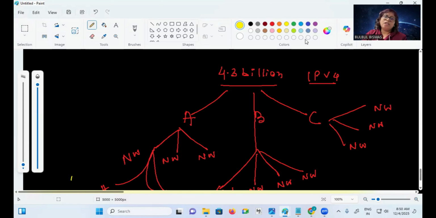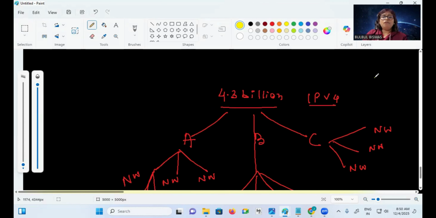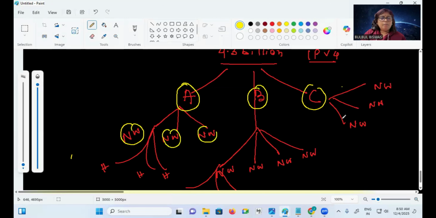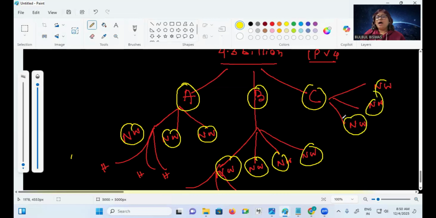Okay, everyone. So now see, IPv4 has 4.3 billion IPs in the world, among which we are using only 3 classes A, B, C for networking. Now our first task is to find under class A, how many networks are possible. Under class B also the same thing, and under class C also we'll find how many networks are there.